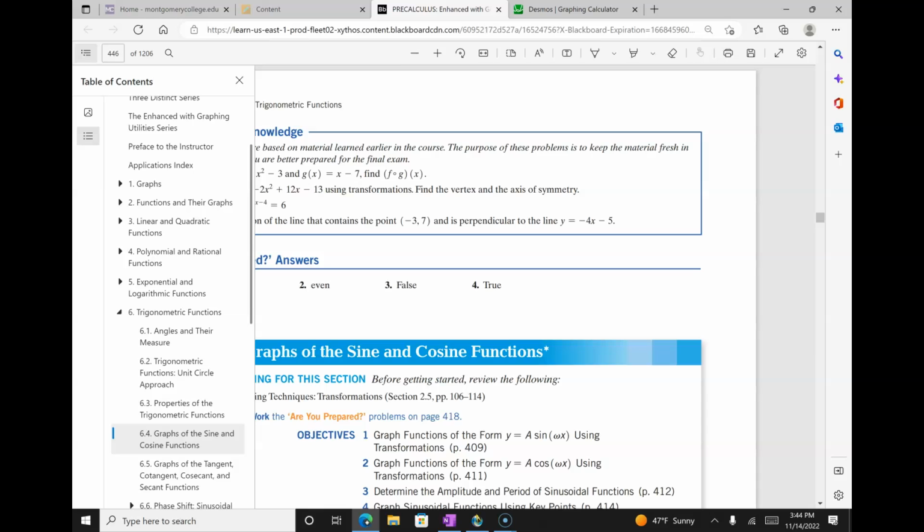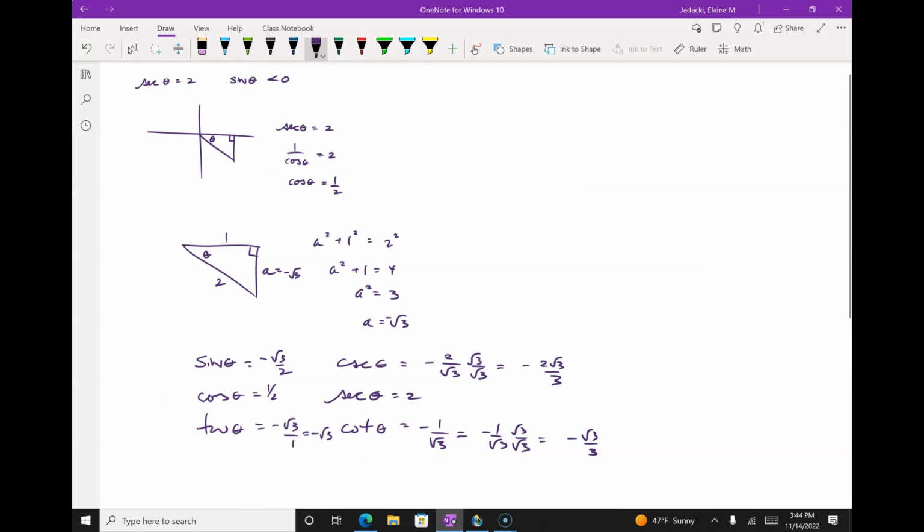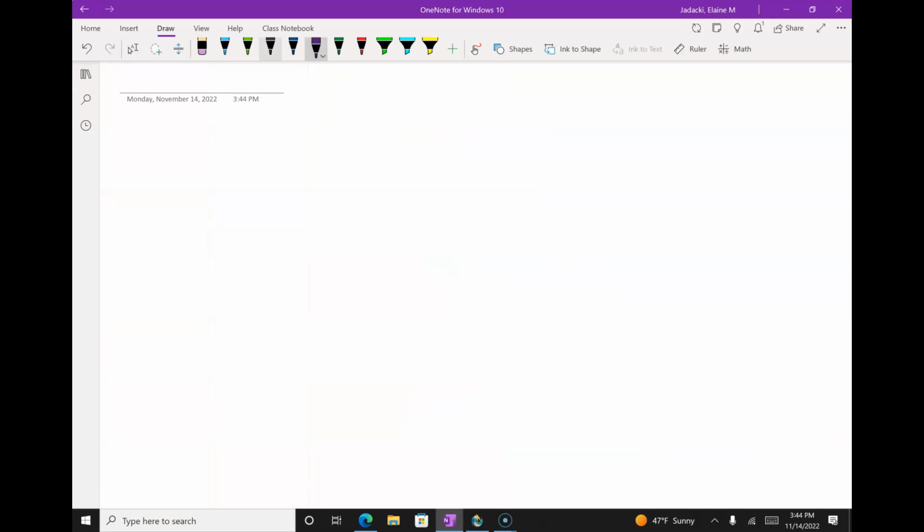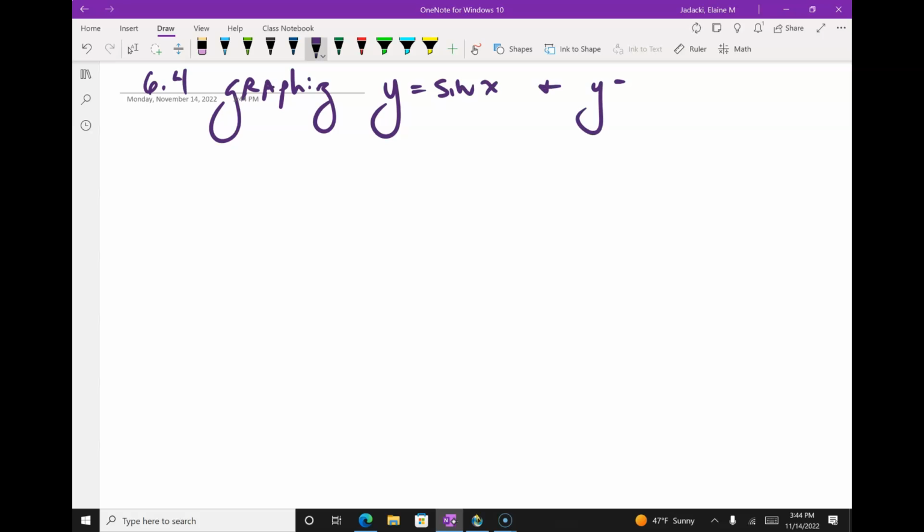So I want to look at the ultimate graph for sine or cosine. And so it's going to turn into this.